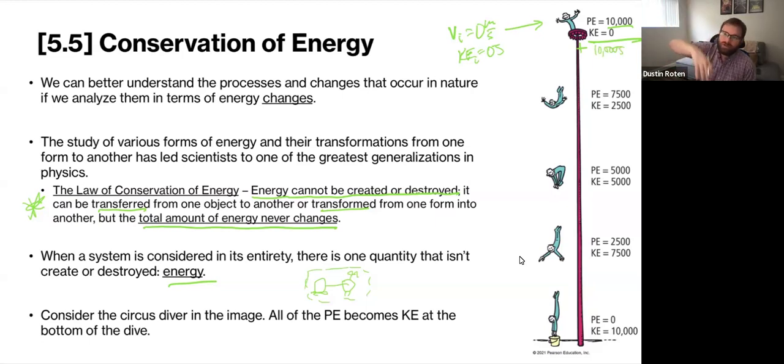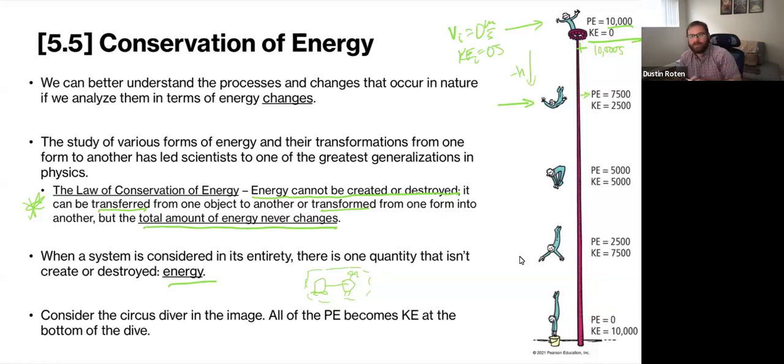Right. Well, now he's going to jump. Okay, let's look at this first point in his trajectory. Well, he fell. That means he's reduced his height relative to the ground. So he's shaved some height off. If he's removed height, he has less gravitational potential energy. And that's reflected here in the numbers. He only has 7,500 joules of potential energy because he's lost some height, right?